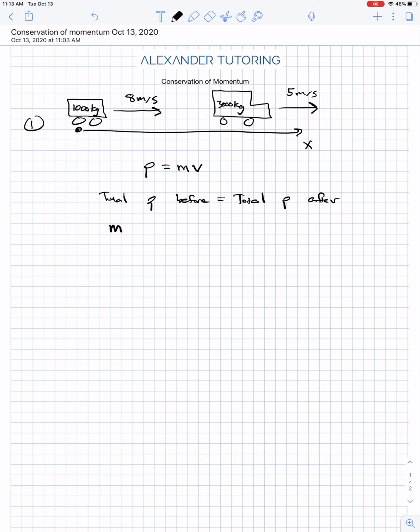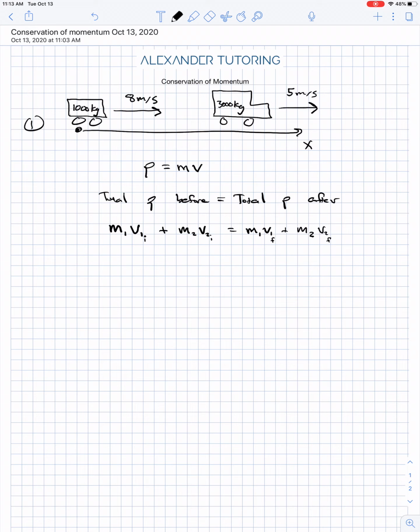I'm going to call M1 the mass of the car times V1, the initial velocity of the car, plus M2 V2 initial, that's the mass and velocity of the truck, equals, the mass doesn't change, so that's M1, the mass of the car, times V1, the velocity of the car final, the velocity after the collision, plus M2, the mass of the truck, times the velocity of the truck final after the collision.